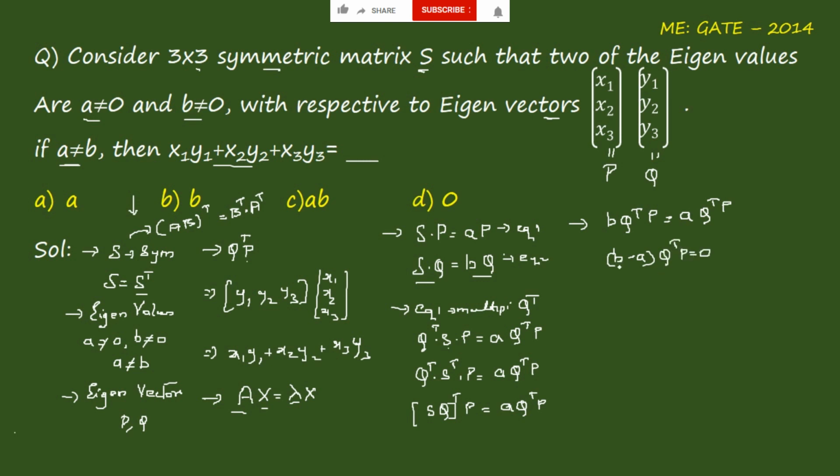Here they have given that A is not equal to B, so we can say that the scalar term is not 0. So Q transpose into P is equal to 0. What is Q transpose into P? It is nothing but this particular equation. So its value is 0. So the answer is option D.